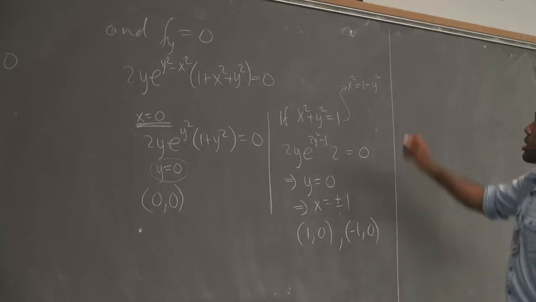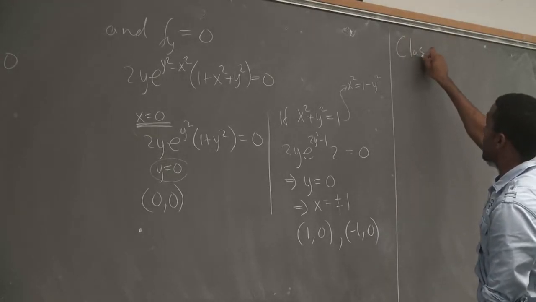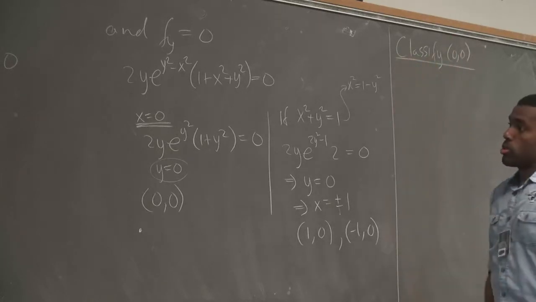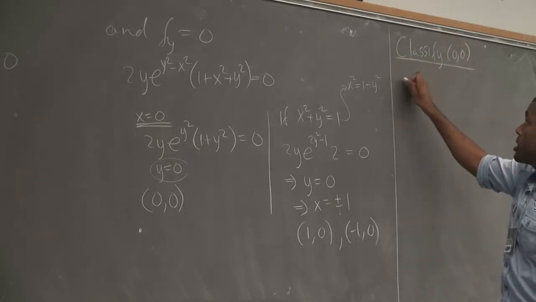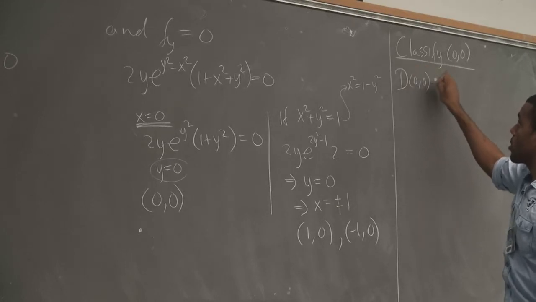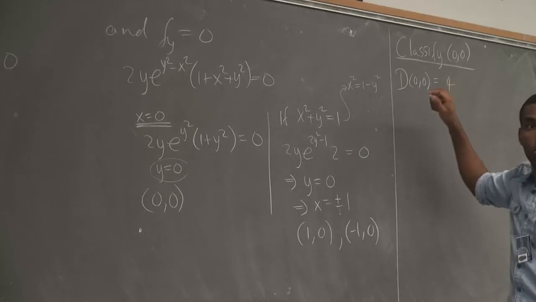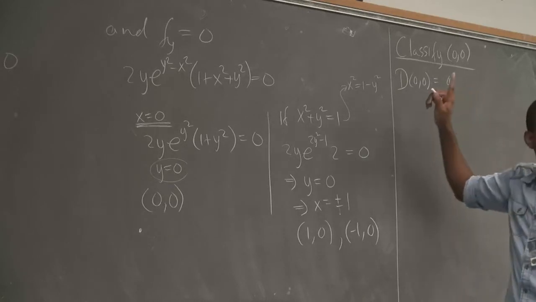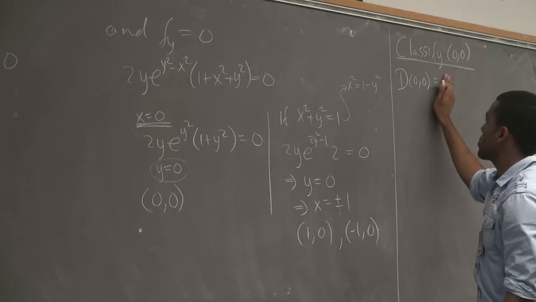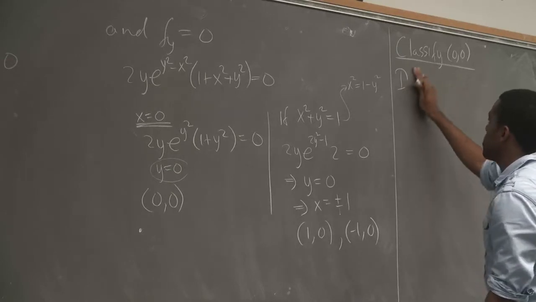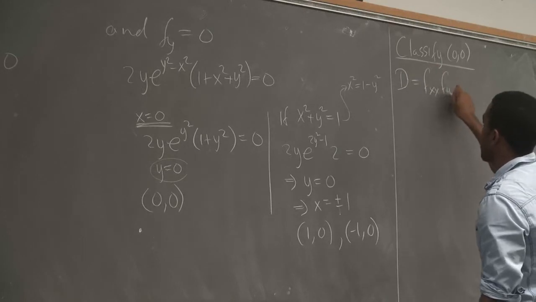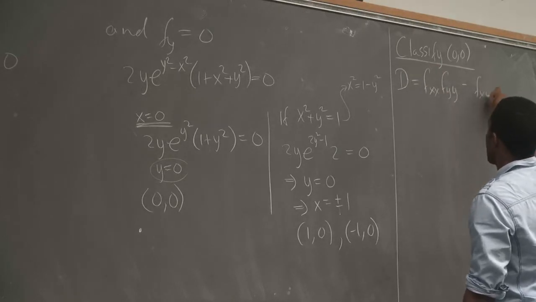So now we have to classify. What is (0, 0)? We're going to look at the D for (0, 0). It's 4. What is D, first of all? Tell me the formula: f_xx f_yy minus f_xy squared.